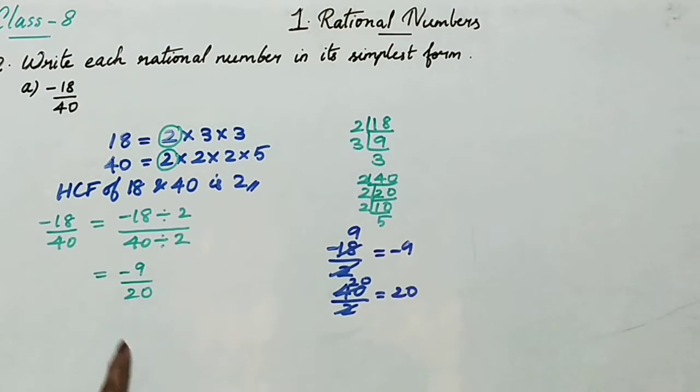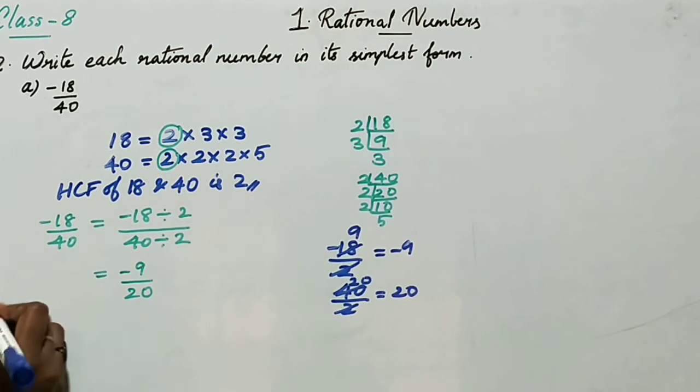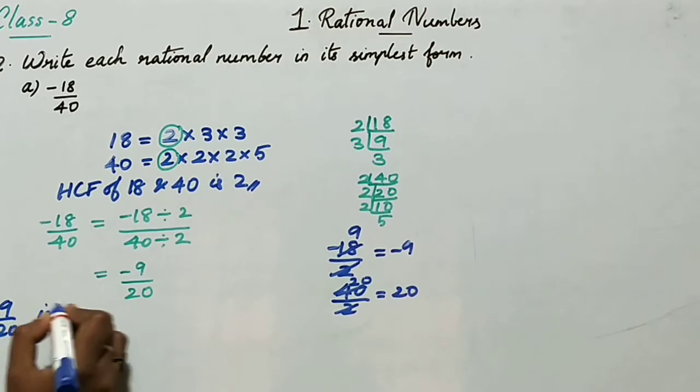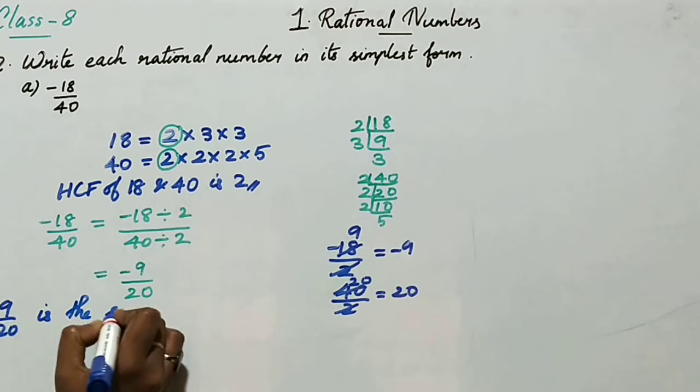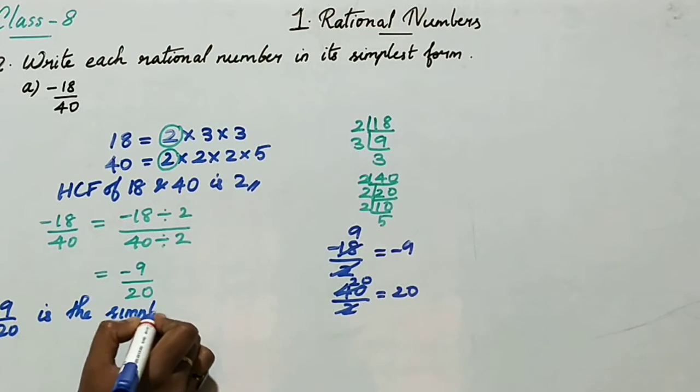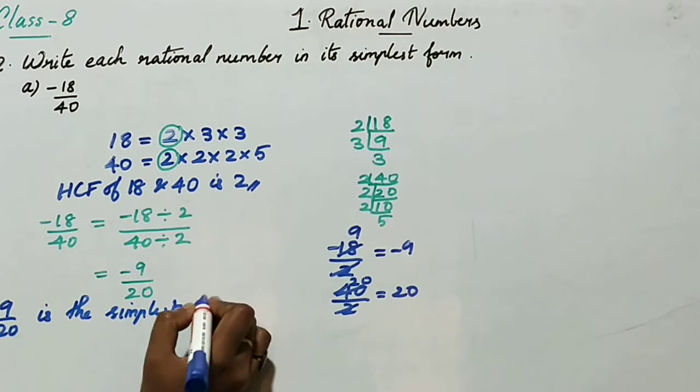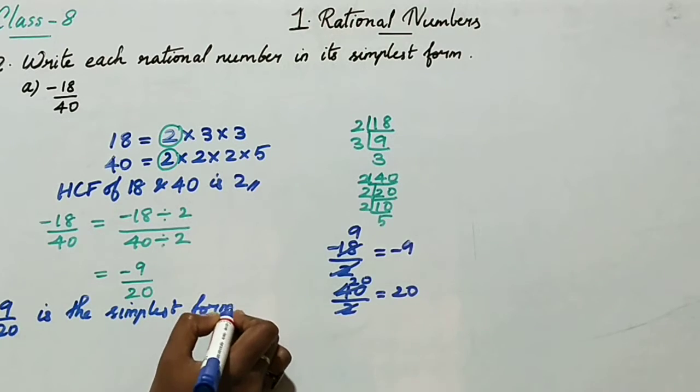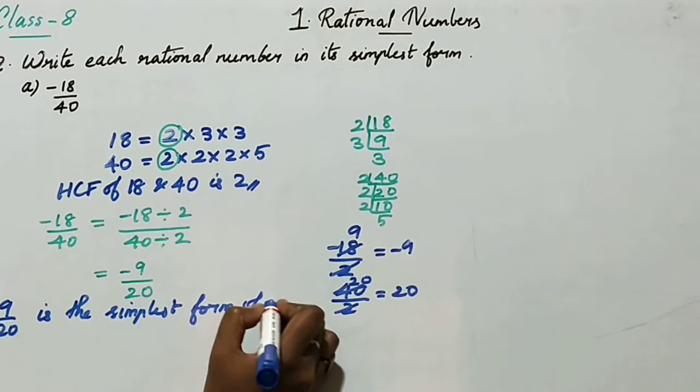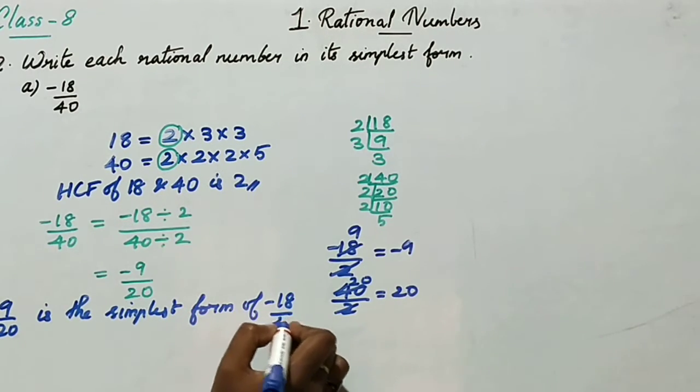Then I'll be getting the answer, which is the simplest form. Okay. So last step you can write minus 9 by 20 is the simplest form of minus 18 by 40.